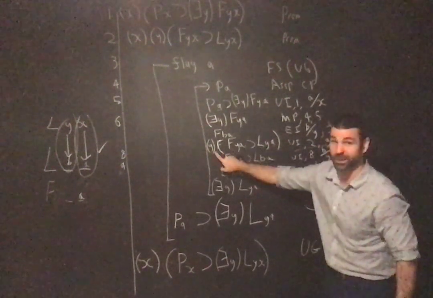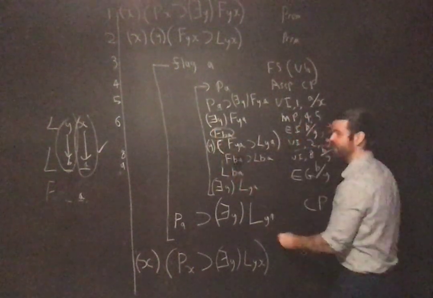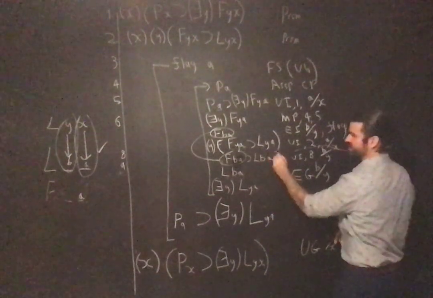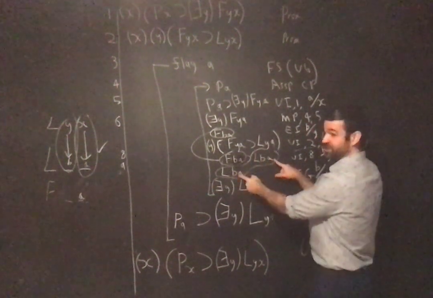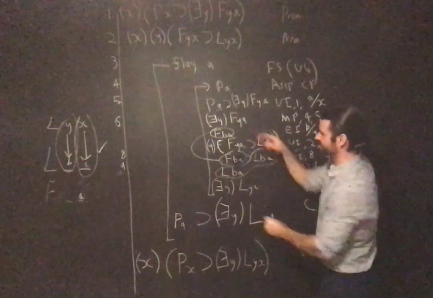In universally instantiating from this, because this is FBA, and I want this to be FBA, that's one match, and the second match is this, right? I want this to match that. Why do I want them to match? Because look, modus ponens.